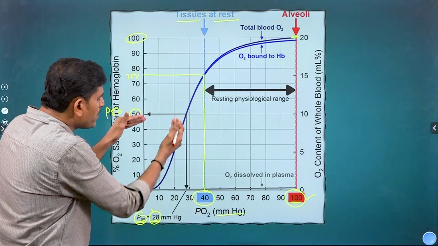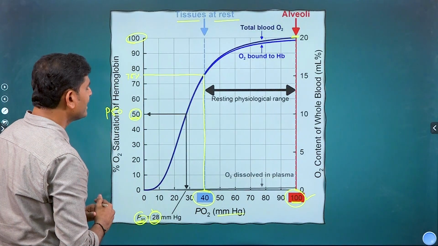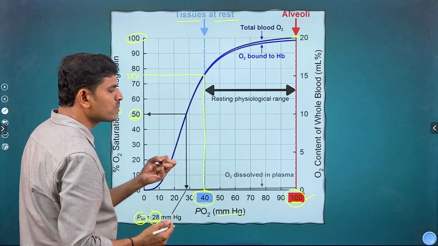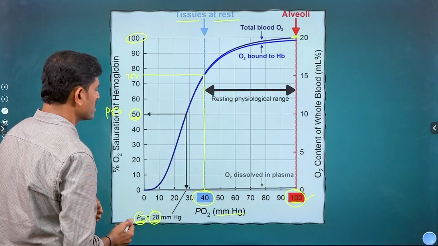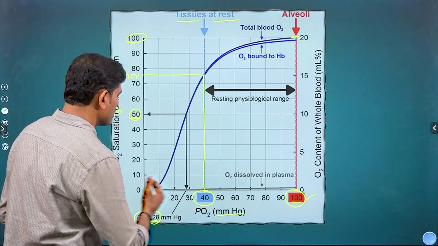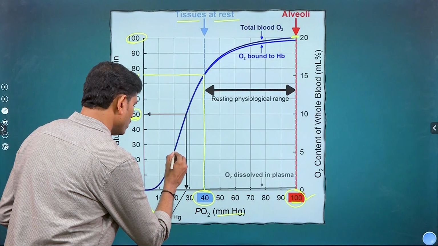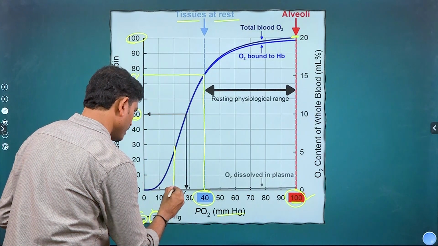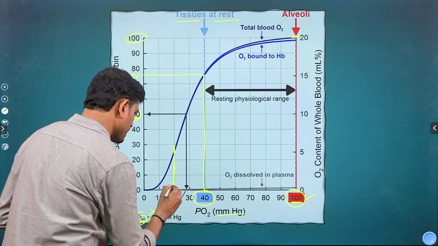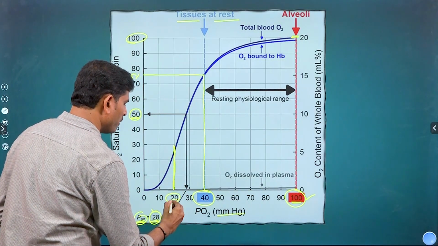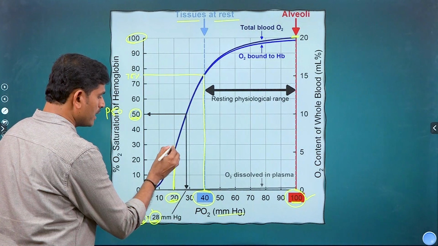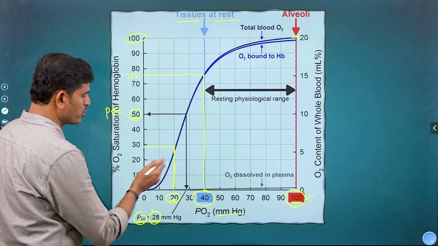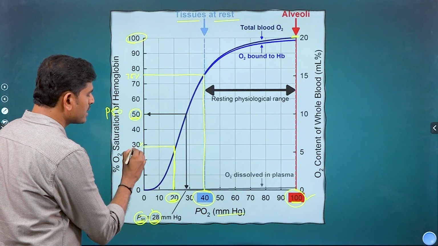Next, when the partial pressure decreases further at the tissues, particularly actively working tissues like skeletal muscles, here it is nearly 30% saturation. When the partial pressure is 20 mmHg, it is nearly 30% saturated.